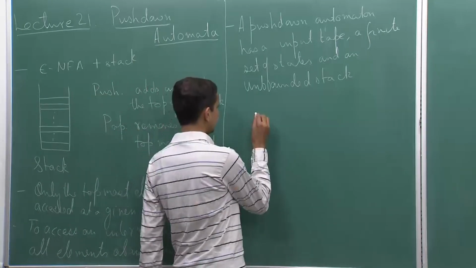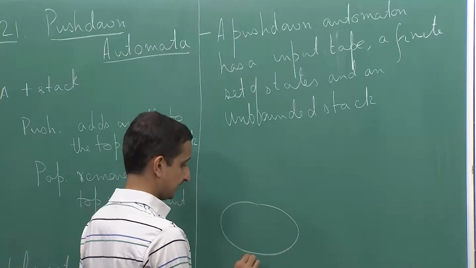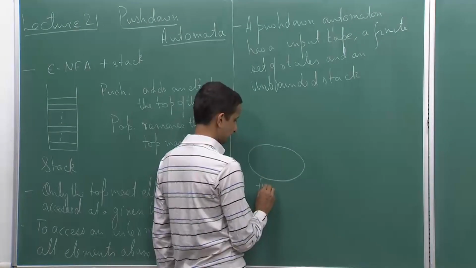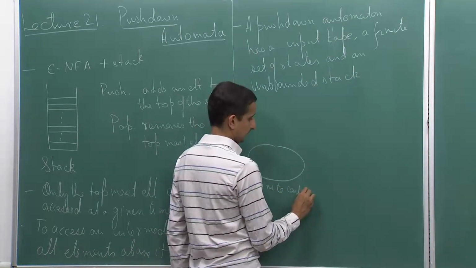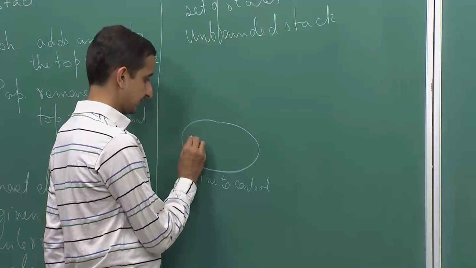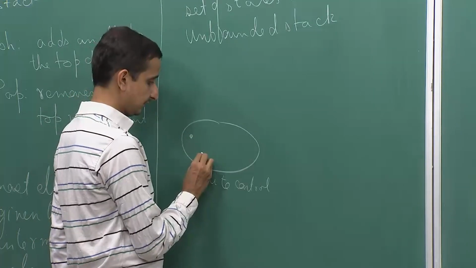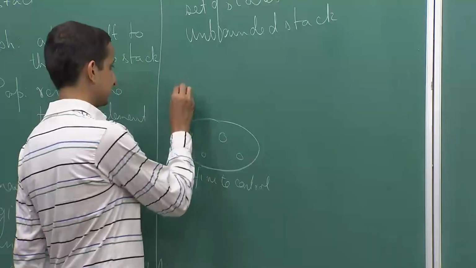Pictorially it would look like this. We have what is called the finite control. This has the states. It has maybe some state over here, some state here and so on, a finite number of states.